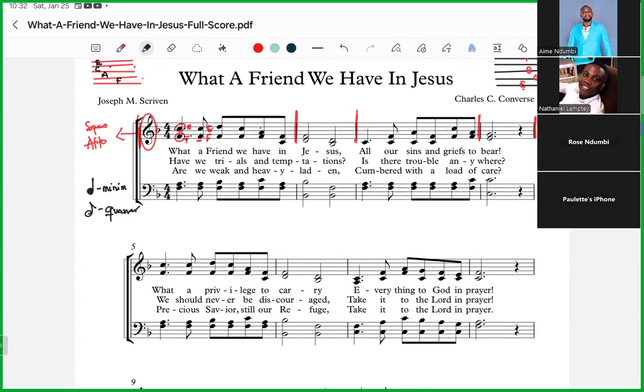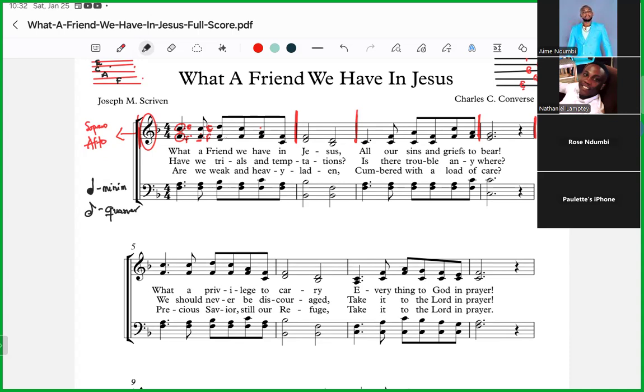The third note. Again, we are identifying the alto first and the soprano second. I said the steps: you first ask yourself, where is the note? Is it on a line, on a space, or on a ledger line?